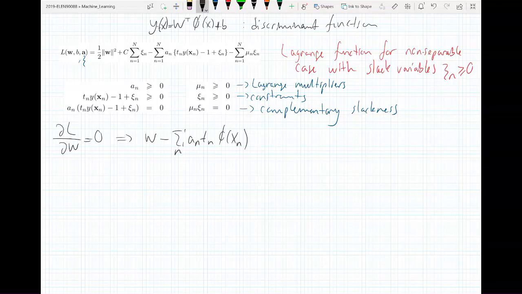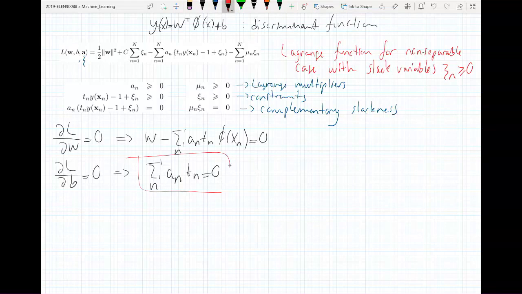Okay, so this is equal to 0, therefore I get the W, that's the same as before. And then when I take the derivative with respect to B, it's even simpler because B is only inside here, everything else zeroes out. So I only have the sum over n of a n, t n equals 0, but that's the first part of my box condition.